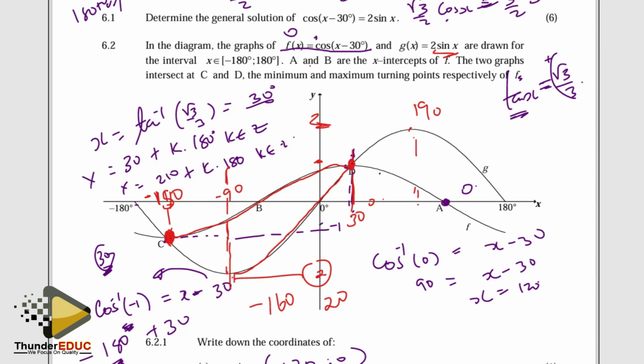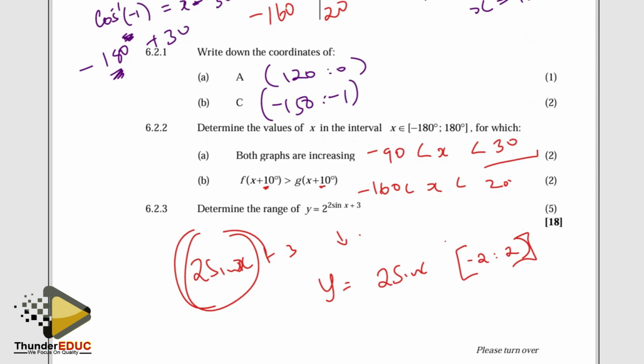Why is that so? Because of this amplitude. Then, what if we add a 3? Okay, we're moving it upwards. So which means we're going to have a 1 and then a 5. This is going to be the new range for that graph.